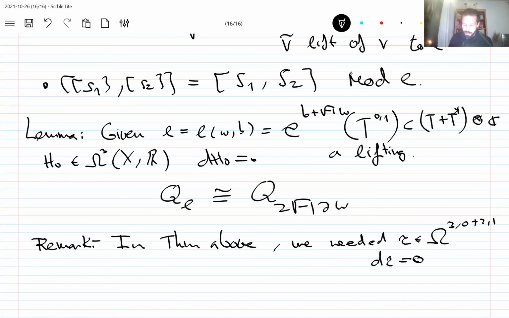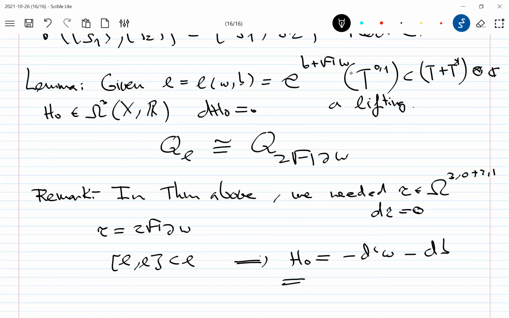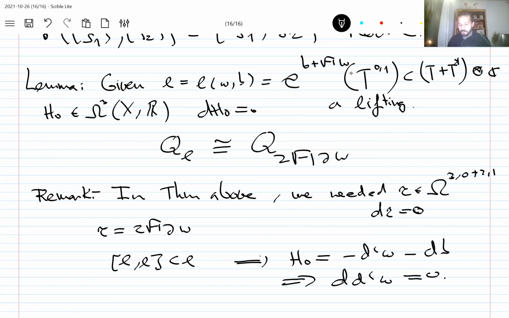So here, what I'm saying is that my tau is 2 square root minus 1 of del of omega, and this is d-closed because the lifting condition in particular implies that H naught equals minus d^c omega minus dB, which implies that dd^c omega equals 0. So the omega needs to be dd^c-closed, and therefore this tau is d-closed.